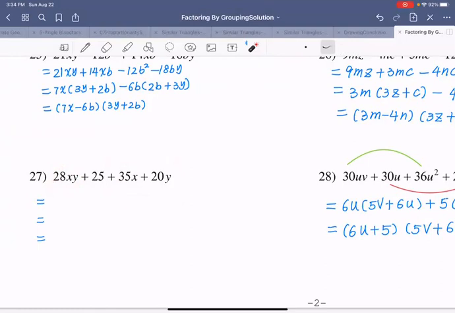Can you tell me what we want to do? You do 28xy with 35x. Yes, there you go. So there's two, what do we get?